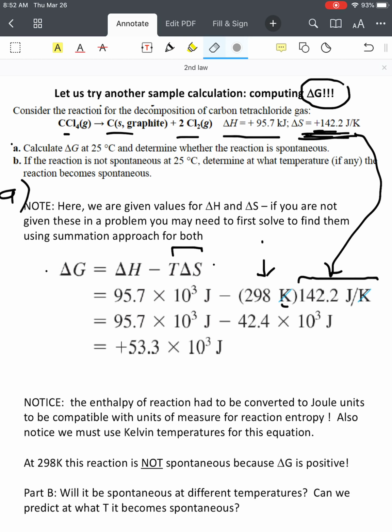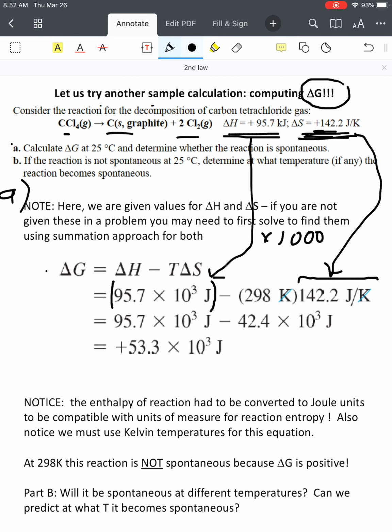Now, what about the delta H out in front? This is our enthalpy for our reaction, right? We're told up top that the enthalpy of the reaction is 95.7 kilojoules. But is that what we see right there? It's not, right? What we have right here is 95.7, but we multiply by 10 to the 3, or 1,000.